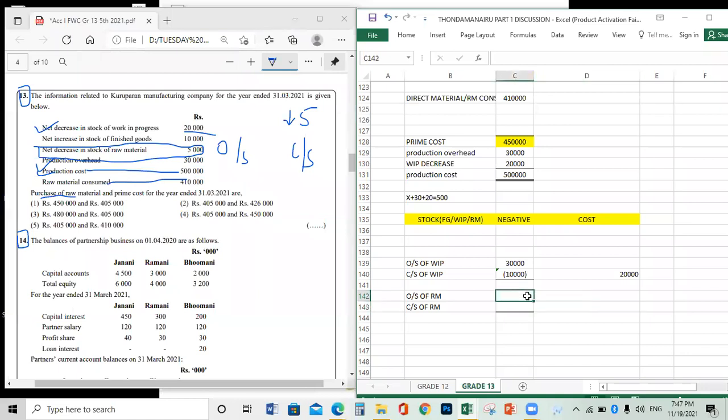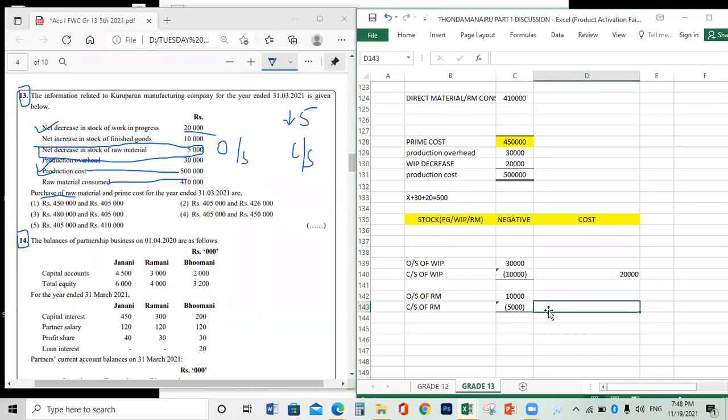If I say the opening stock is 10,000, how much should the closing stock be if it is decreasing by 5,000? Opening stock is 10,000. It decreases by 5,000. So your closing stock should be 5,000. 10,000 minus 5,000 is 5,000.